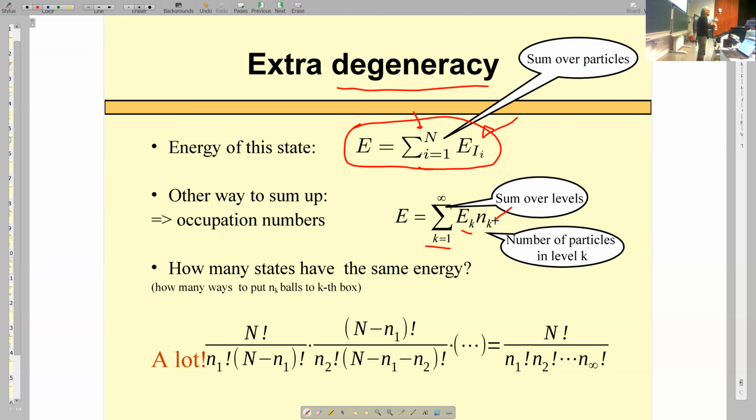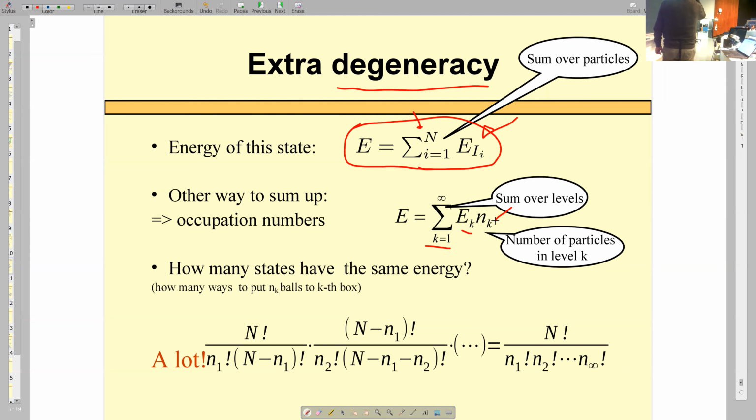I just redistribute the particles in a different way. Now what I want to figure out is in how many ways I can arrange a state with precisely the same N_k.